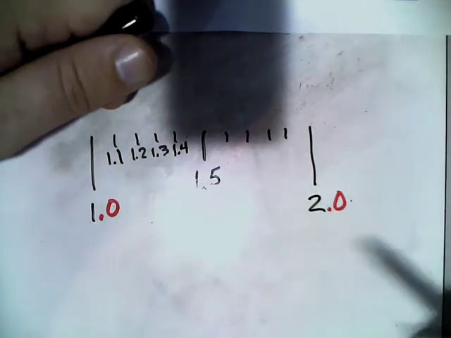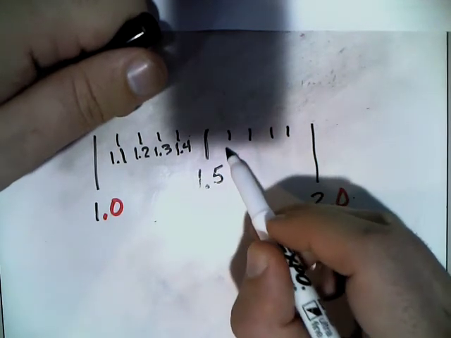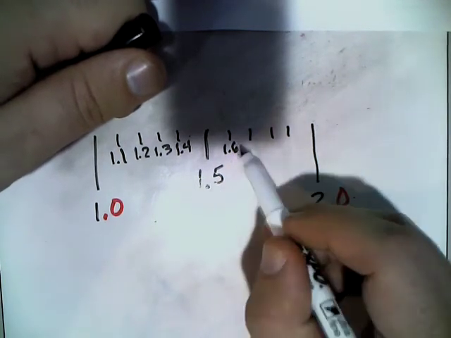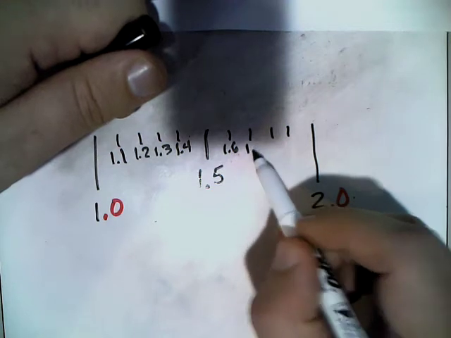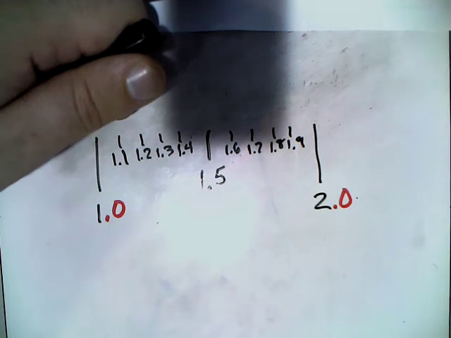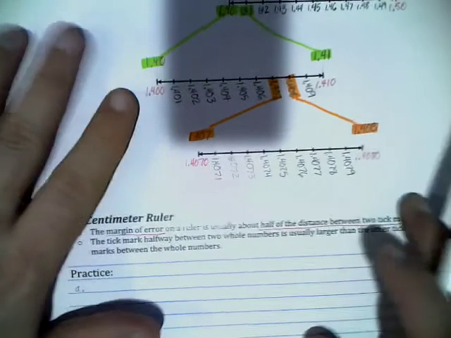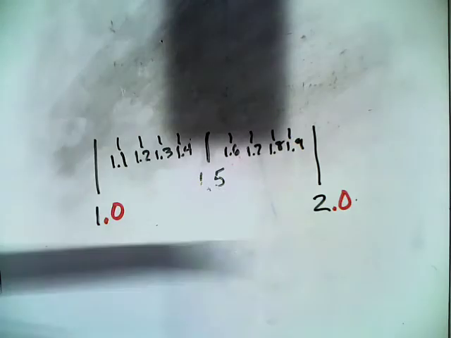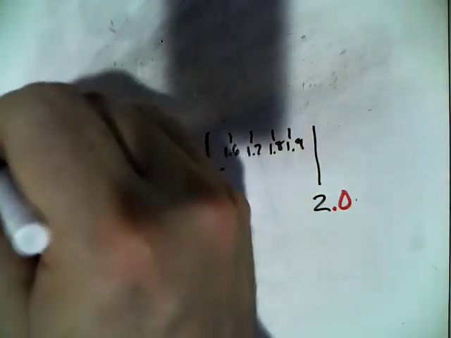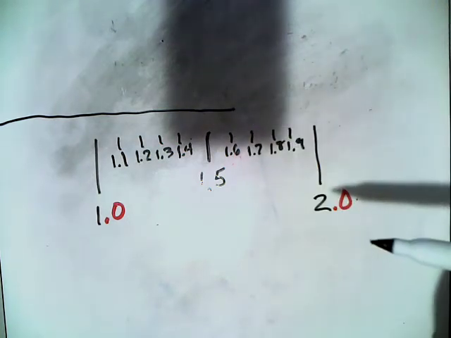The big guy's 1.5. So that means that if you want to find this one right here, well, you already know that this is 1.5, so that must be 1.6. And then we got 1.7, 1.8, and 1.9, and we finish off with the whole number 2. So if you look at your book, you'll see that the line that's drawn above the ruler comes to about right there.